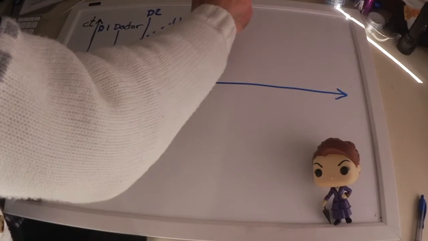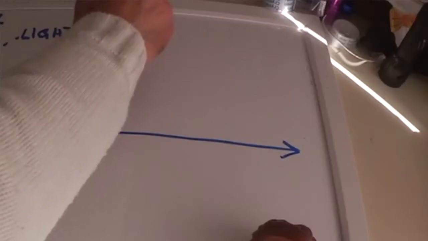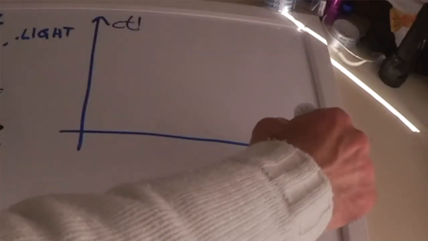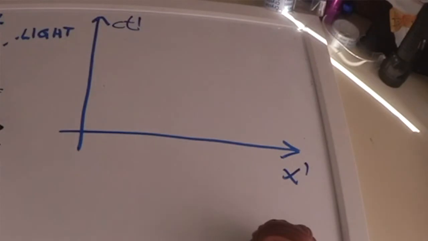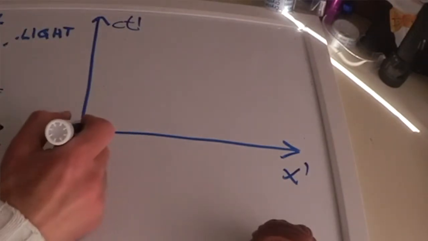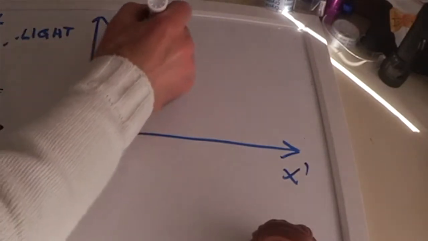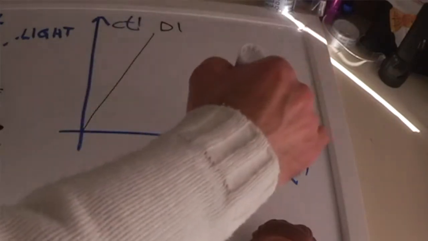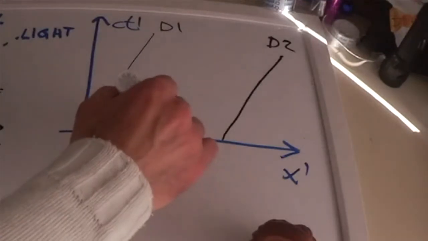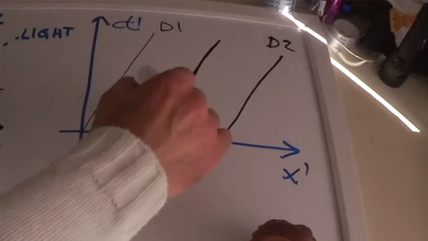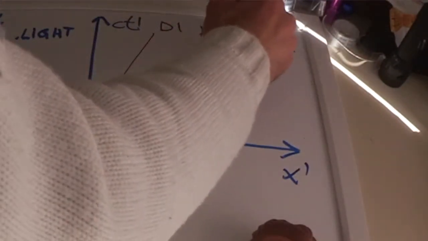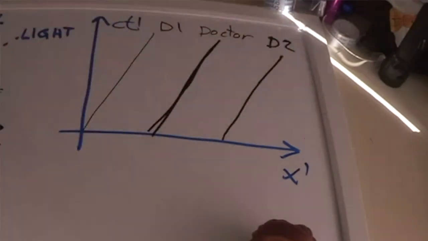For this other reference frame, I will use the prime coordinates to distinguish from the train's reference frame. Both detectors on the train move to the right, so their world lines will be these 2 tilted lines. And the doctor's world line is parallel to the detectors' world lines. They move with the same speed.